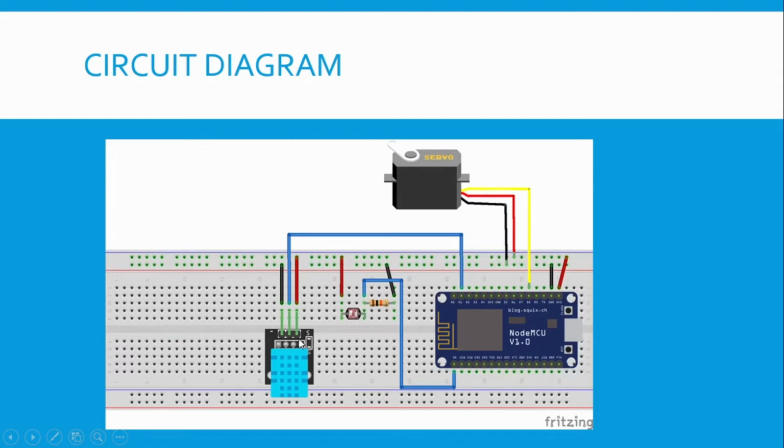The second is the DHT11 digital sensor, a 3-pin sensor using digital pin D1. One rail is connected to 3.3 volt, and the other rail is connected to the ground. The control pin of the servo motor is connected to pin D8. This is the whole circuit diagram of this project.